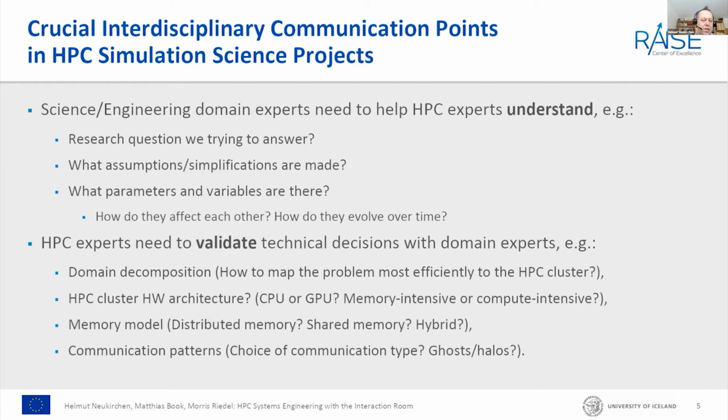Then maybe assumptions and simplifications that are made. As said, the other experts maybe don't need to know the details of the underlying physics. Still, they need to know what the parameters are that influence the simulation, what the variables are, how they affect each other, how they evolve over time.